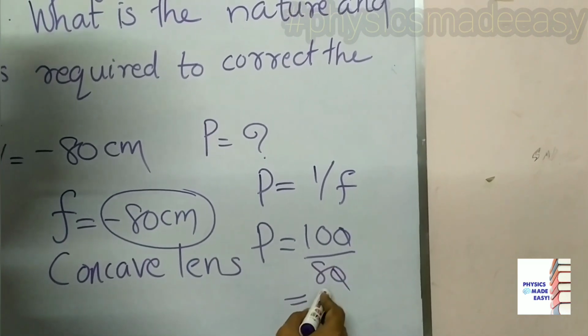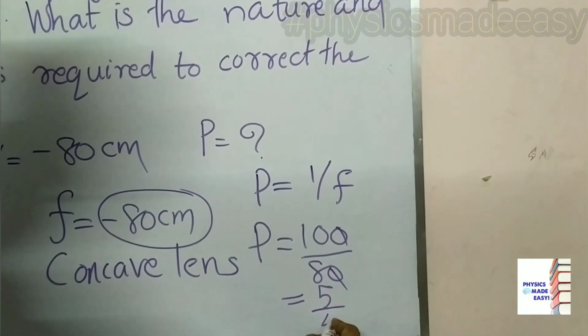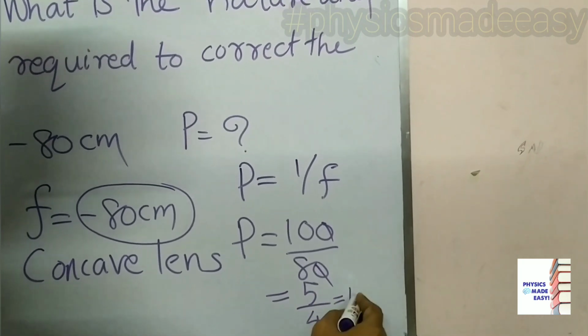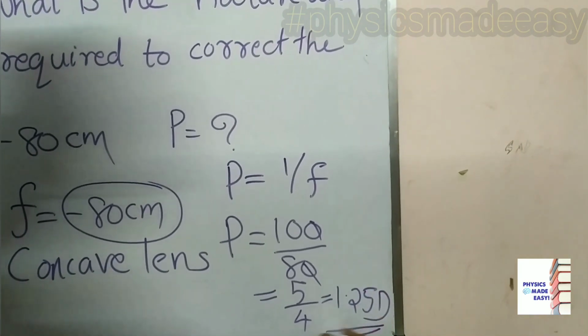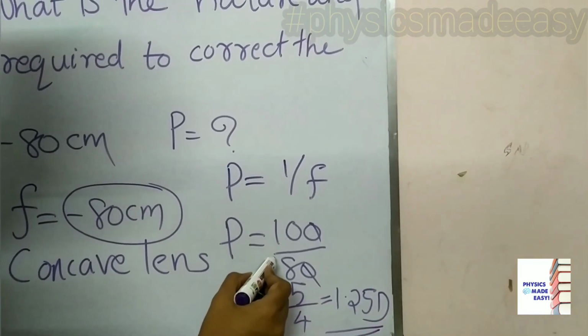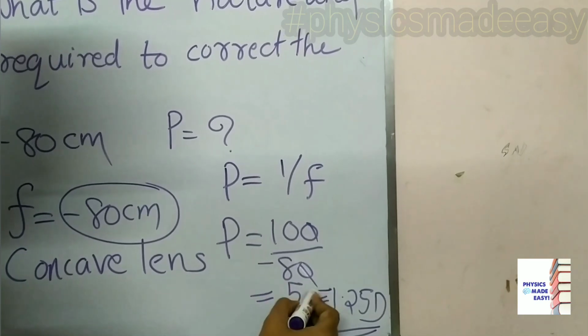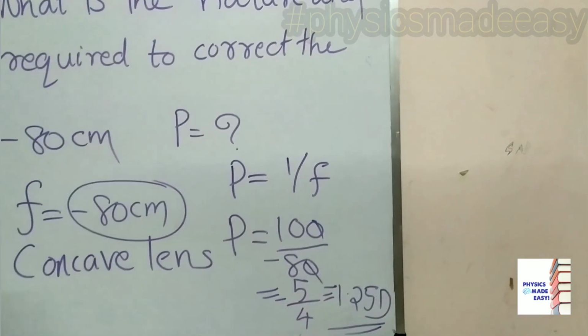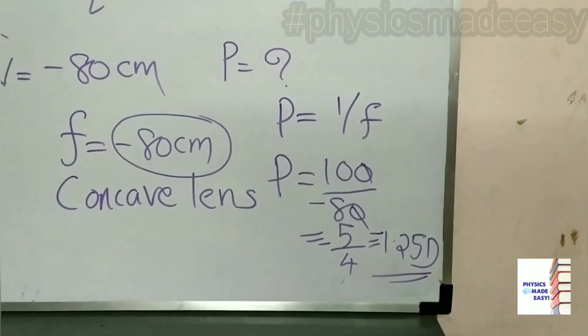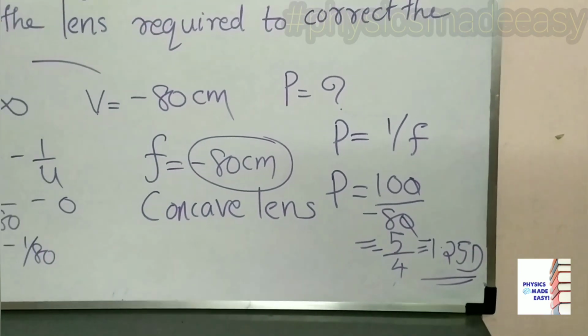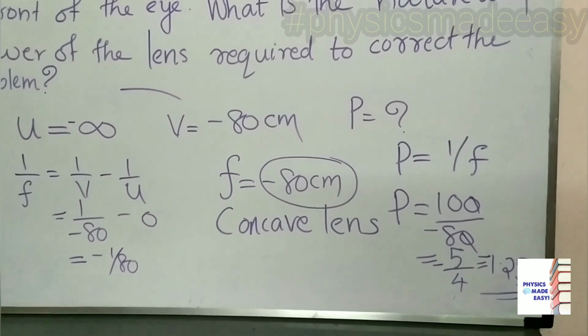Then you will get 5 by 4, that is equal to 1.25 diopter. Here the sign is minus. So you will get power as minus 1.25 diopter, that is the power of this concave lens.